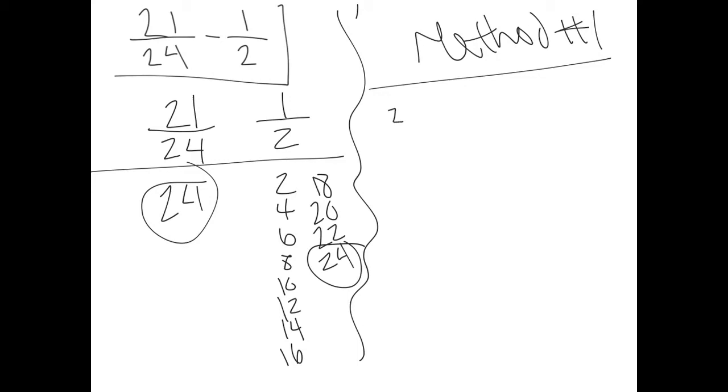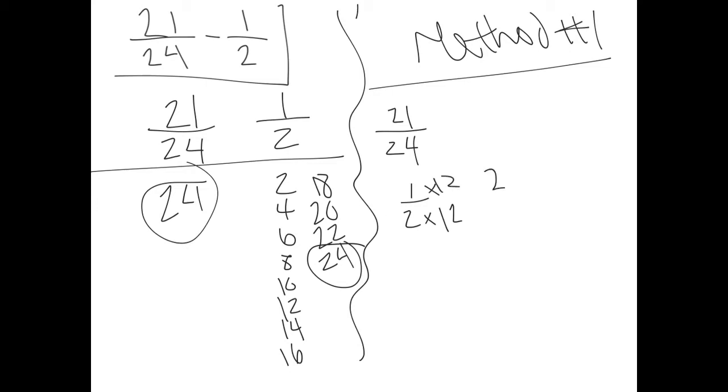Now we have 21 over 24, that we will just leave the same, and 1/2 we have to multiply by 12 to get 24.